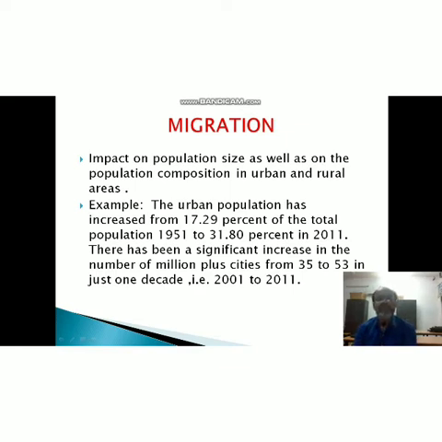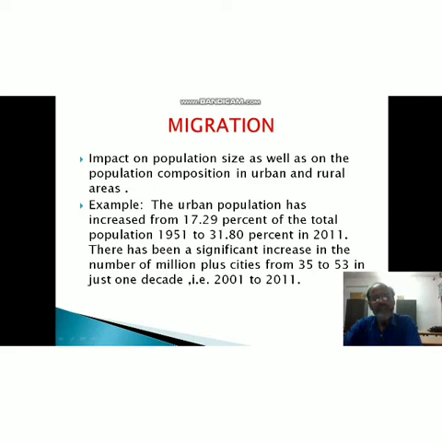Migration affects population size as well as population composition in urban and rural areas. It changes the size in the urban and the rural areas. You will see some people are going from rural to urban areas, so the size is changing.